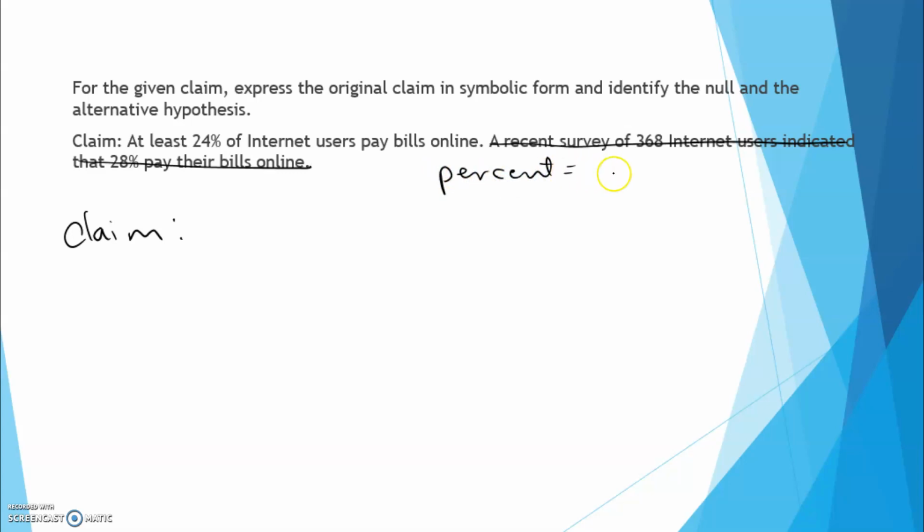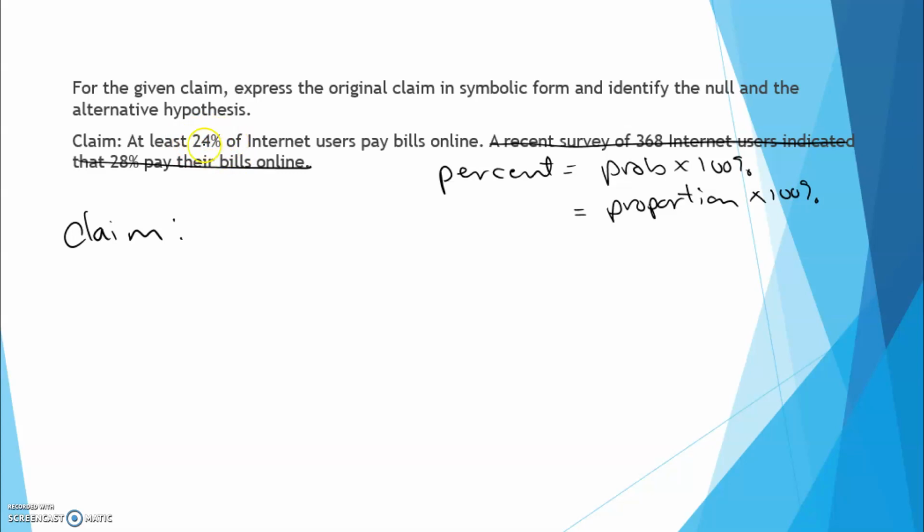Remember, percent, you could say that that is probability times 100%, or you could say it's a proportion times 100%. So really, we're talking about a proportion.